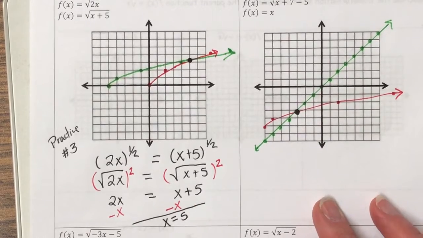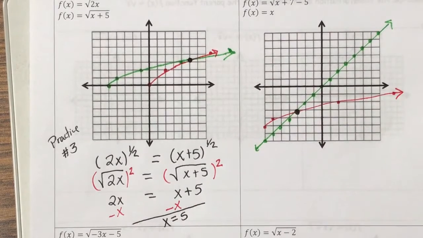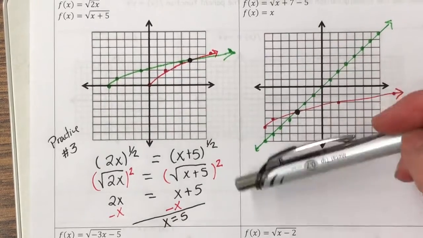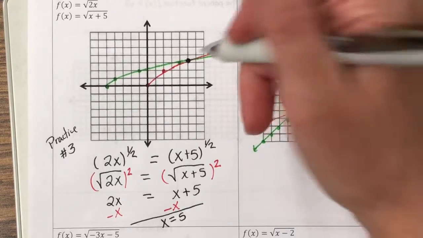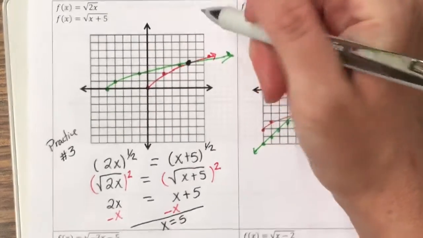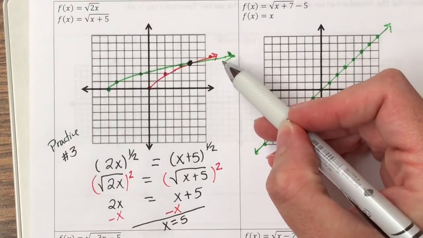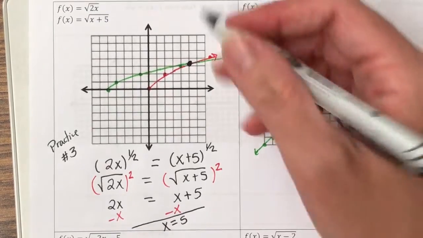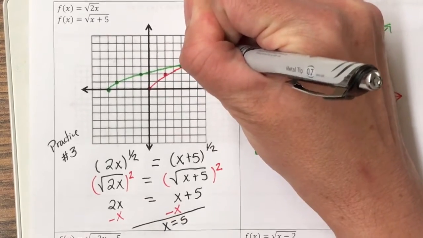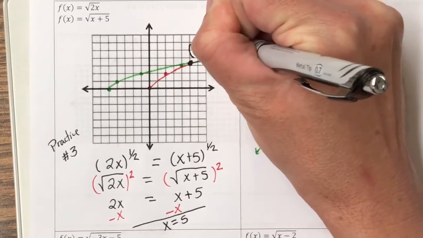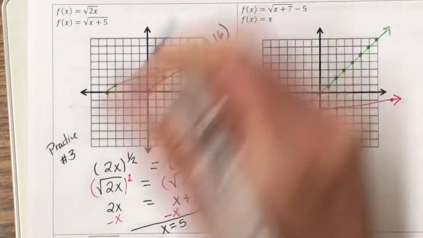So hopefully on number 3, that's what you got, x is equal to 5. And if you go back and look, how are these two related? How are the graphs related to our solution? Well, take a look. Look at this point that I have highlighted right here. Where do these two functions cross? These two functions cross or share a common point at (5, 3.16).